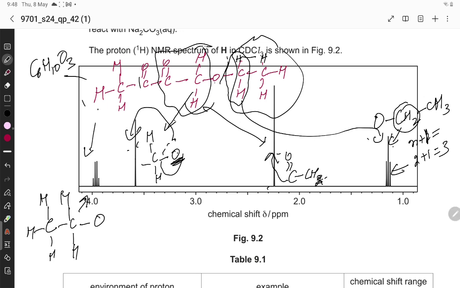And this is like CH3. Responsible is the CH3 because this is a quartet peak, and the neighboring atom is CH2O. This is the neighboring atom.